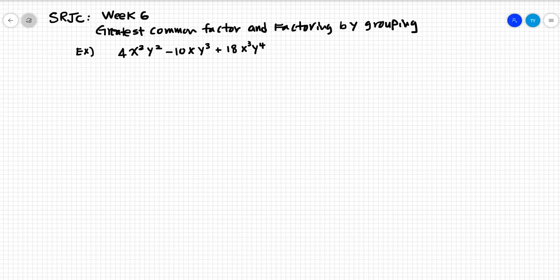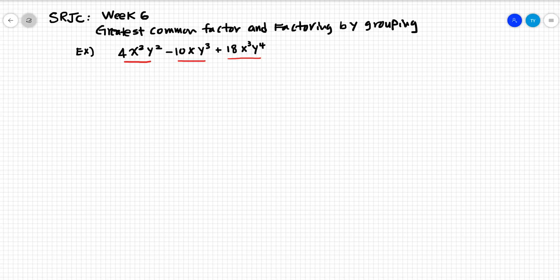We're going to look at each term and see if any common factors are there. So we look at the first term, 4x squared y squared, and minus 10xy cubed, and 18x cubed y to the fourth.